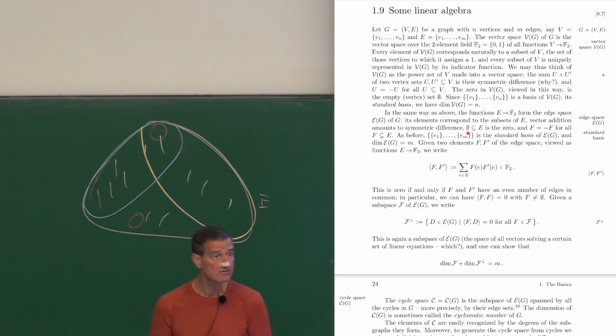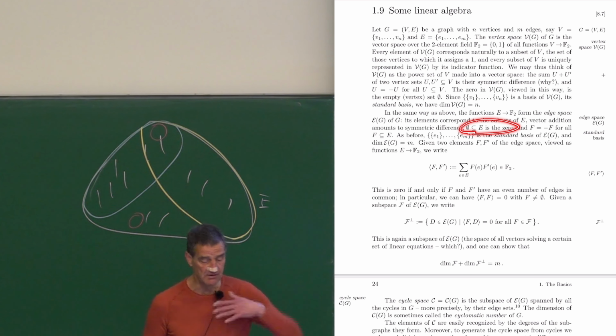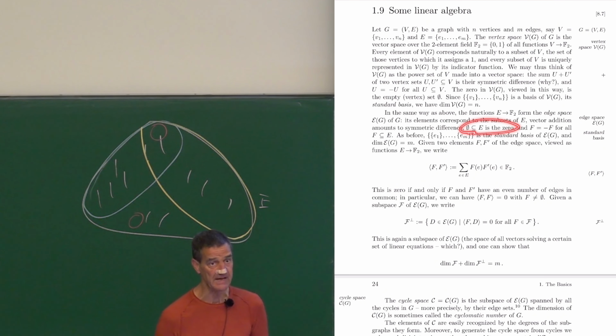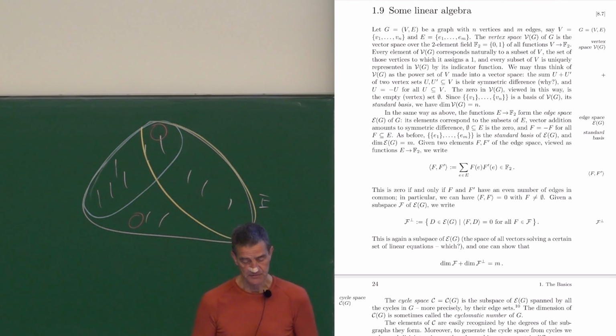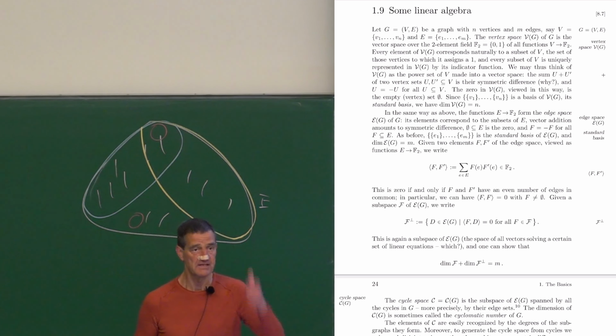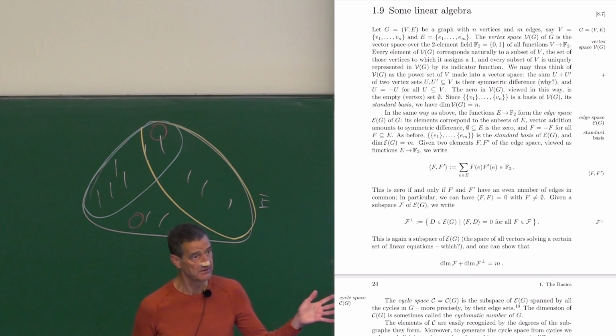Right, the 0 in this vector space obviously is the function that sends everybody to 0. So that is the empty set of edges, viewed as a set of edges. And then there is a basis called the standard basis, which consists of the function sending one edge to 1 and everything else to 0.